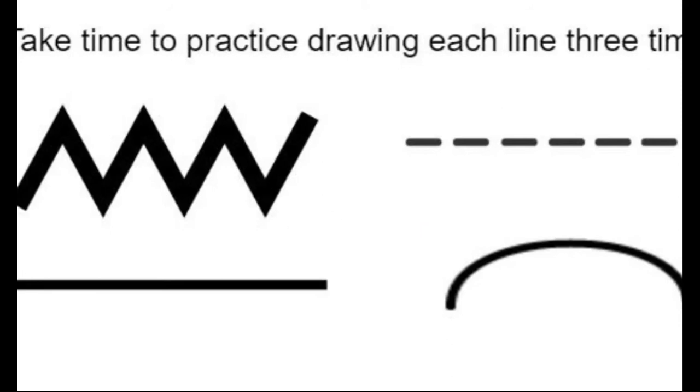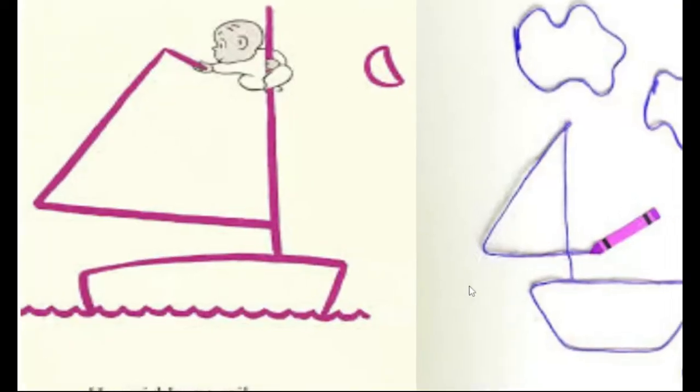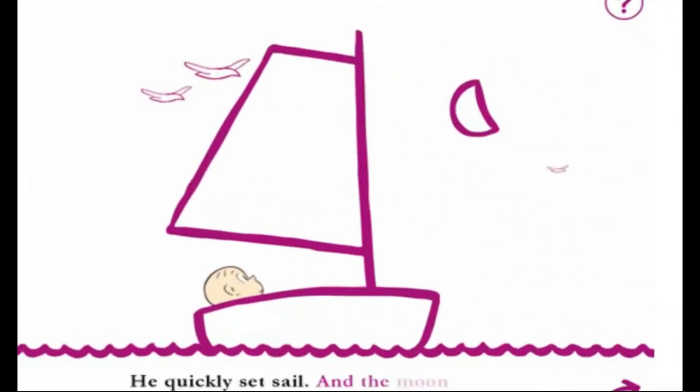Here's the zigzag line, the dashed line, the straight line, and the curved line. Here's our picture of Harold drawing that sailboat. And we see that he's added some wonderful birds.